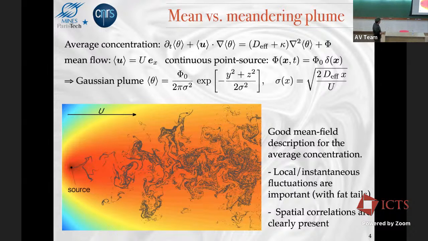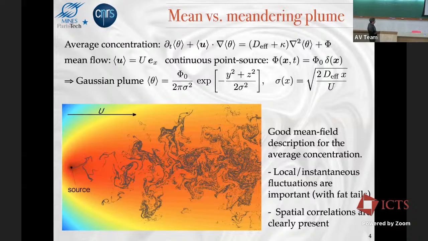So now you have a very simple advection diffusion equation that you can solve analytically, in terms of Green's functions of the diffusion operator. And basically, the mean concentration that you get is what is called the Gaussian plume. It's basically the thing which is used by atmospheric physicists in order to monitor pollution.